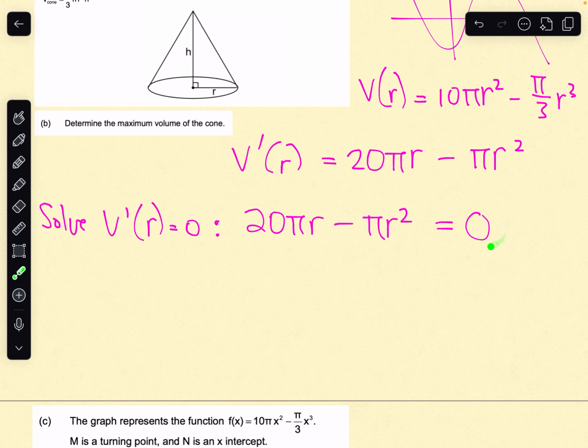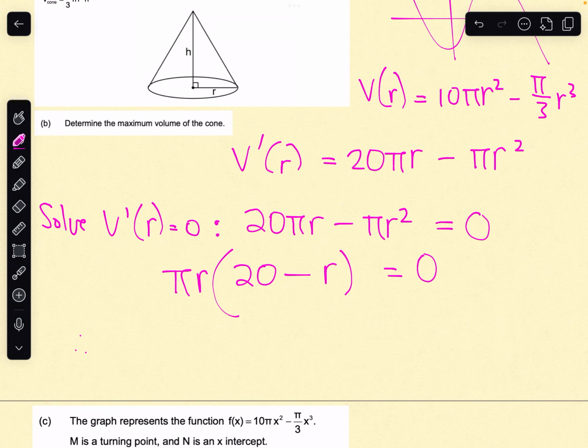So one side is already equal to 0, so we just need to factorize the other side. We can factorize it by taking out a common factor of r. In fact, we can make our lives even simpler and take out a common factor of pi r. So in the first term, we're just left with 20. In the second term, we're just left with r.